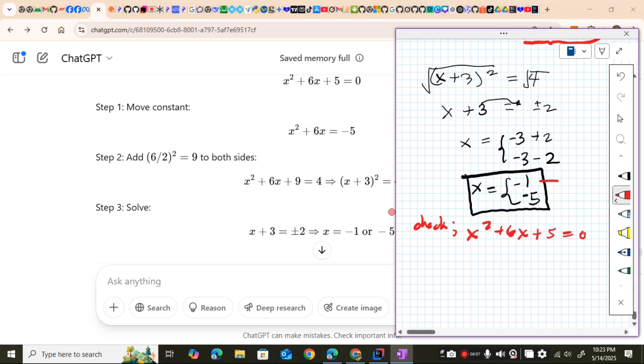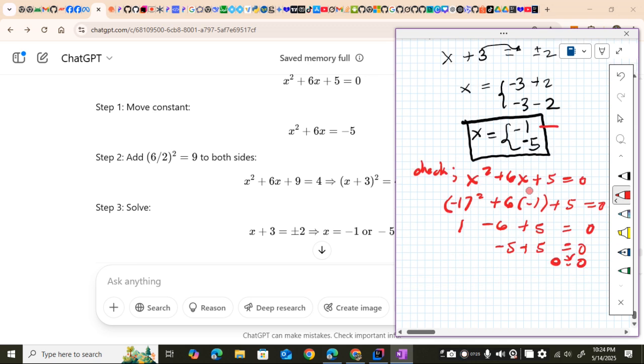For the first root, that's negative 1. All we need to do is substitute it back into the equation. Negative 1 squared plus 6 multiplied by negative 1 plus 5. And this is 1 minus 6 plus 5 equals 0. So immediately you see that this is true. Minus 5 plus 5 is indeed 0.